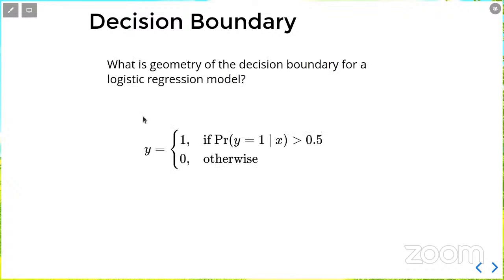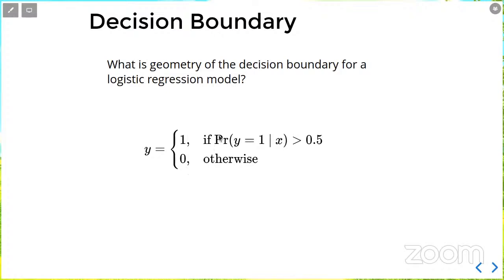If you look at the geometry of the decision boundary for a logistic regression model, how do we arrive at that? You look at the probability output by the model, and if it is greater than some threshold, we call it label 1, class 1. If not, we call it class 0. So this is how inference works in logistic regression.